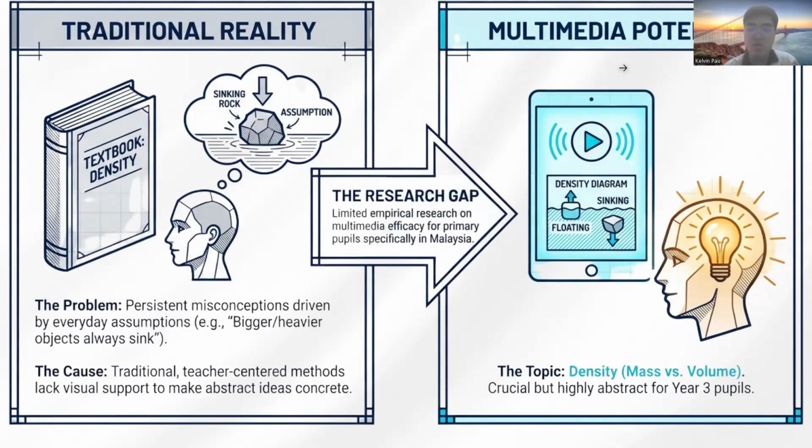So, pupils often develop superficial understanding and low achievement. Although multimedia teaching has potential, there is still limited research focusing on primary school pupils, particularly in the Malaysian context. Therefore, this creates a research gap: more studies are needed to confirm whether multimedia teaching is effective for young learners.